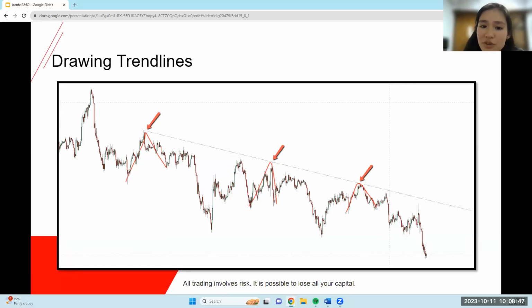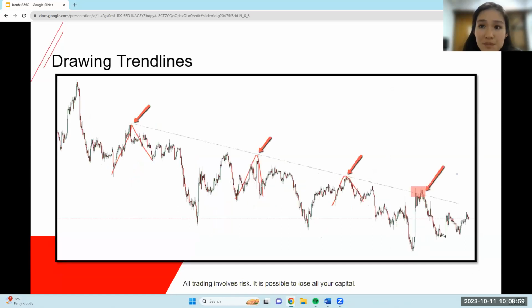We want to watch out for at least three significant touches, because then there could be a possibility that price would likely react off of that trend line again, which you can see is what happened here. Price actually reversed back to the trend line and is playing the reaction off of the fourth touch.